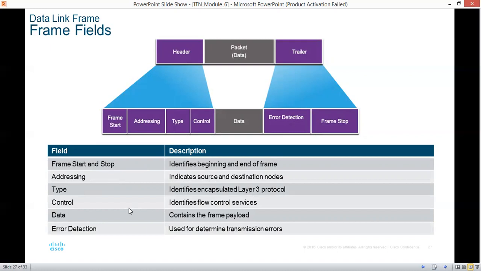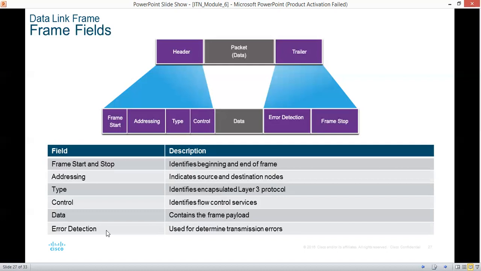So the control field is the service to identify flow control, from the point when it's sending to when it will be received. And of course, data contains the frame payload, which is itself the packet. And then the error detection is used to determine transmission errors. So like I said, the error detection here is to detect for errors.